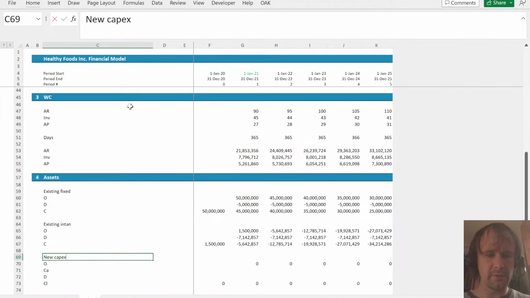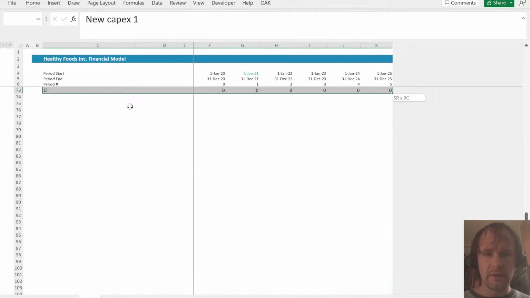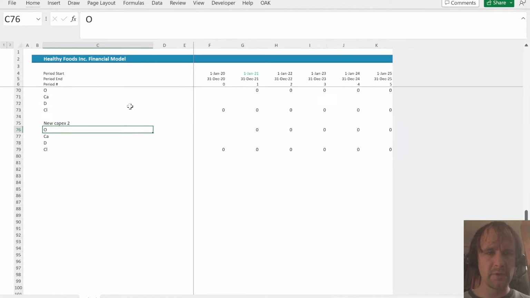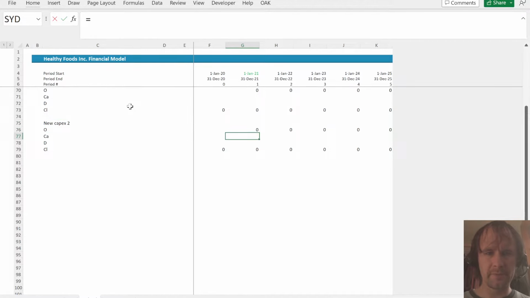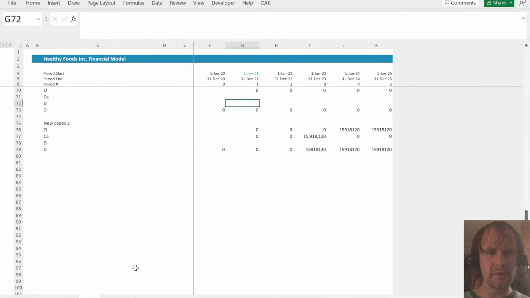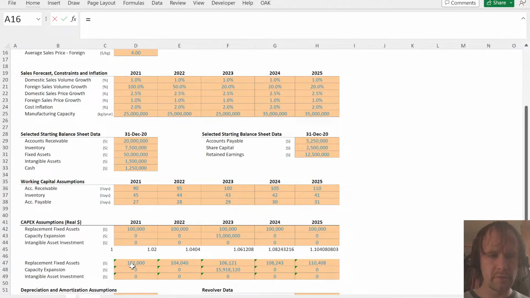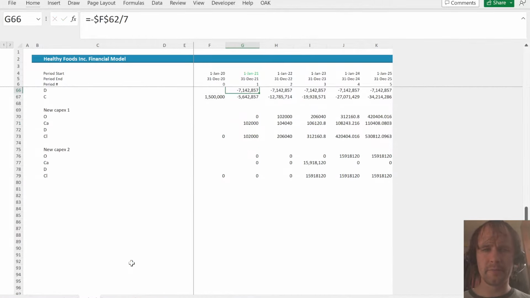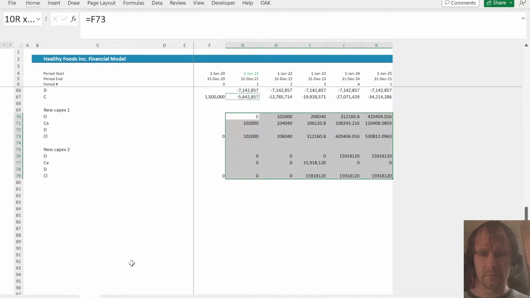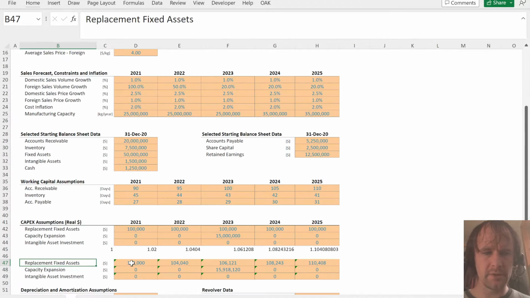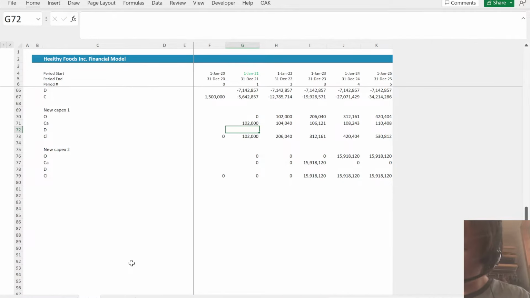So new CapEx 1 and new CapEx 2. Oops, 2. Okay. So CapEx is this line here and this line here. And then the depreciation is, what do we say? Over 5 years for that one, and over 12.5 years for that one.